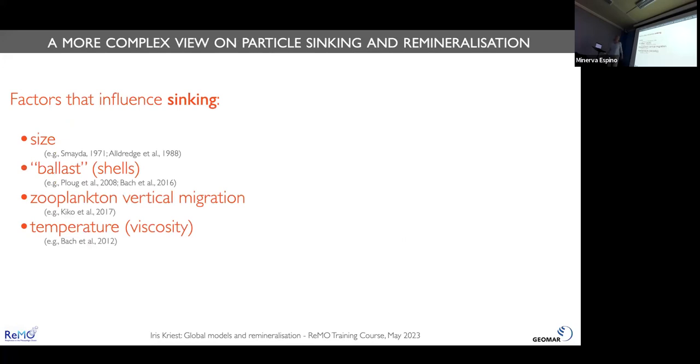And of course, we know the world is not like that. There are many factors that influence the particle sinking, such as size. Just think of Stokes' law, or old observational work related to phytoplankton cells. Ballast might make things heavier, or zooplankton vertical migration might impact the particle flux in a way. Temperature via viscosity and Stokes' law might affect the particle sinking speed as well.